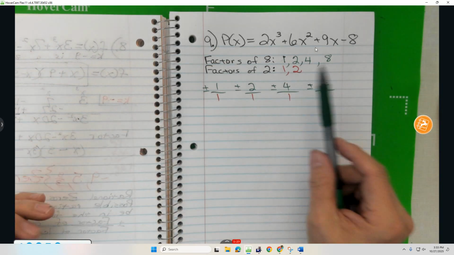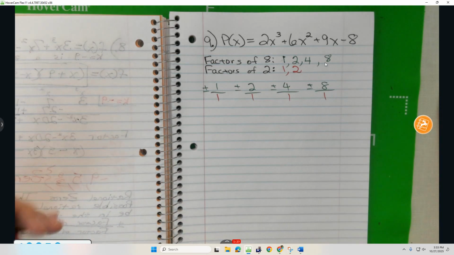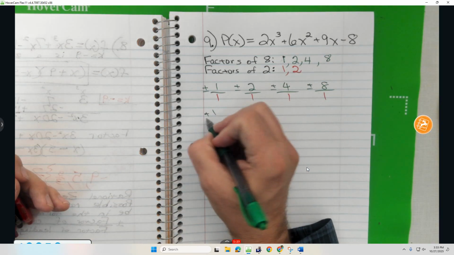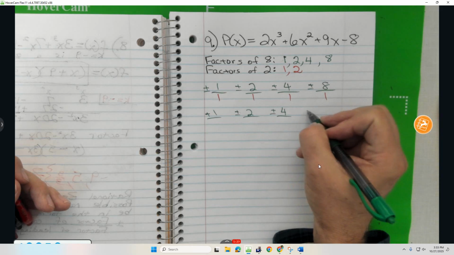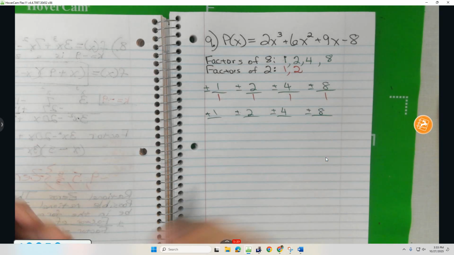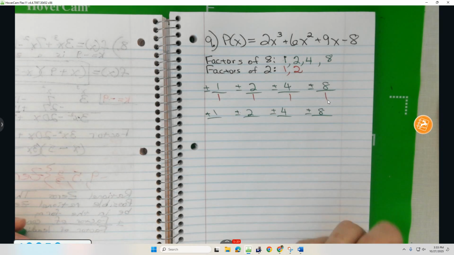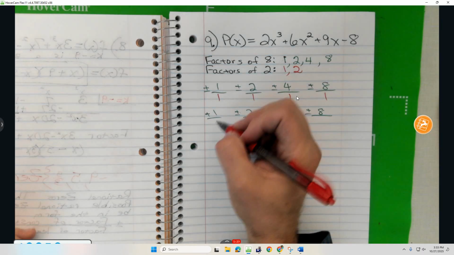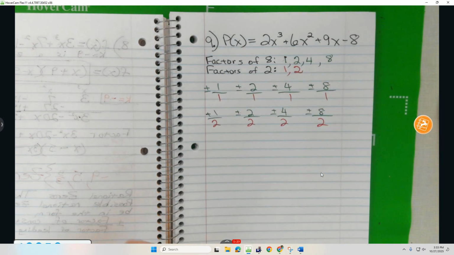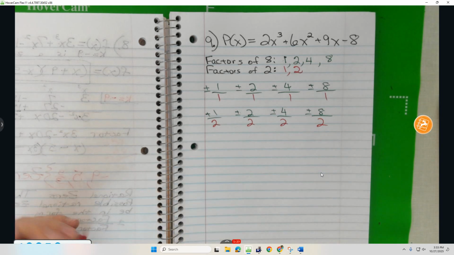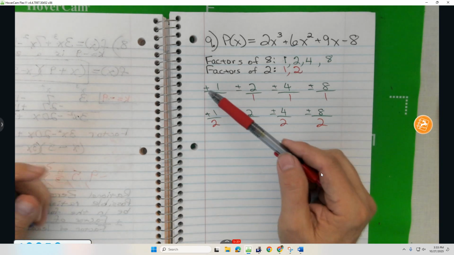Then we take those same numbers, 1, 2, 4, 8, and put them all over what? 2. Now realize each fraction is 2 numbers, the positive and negative.